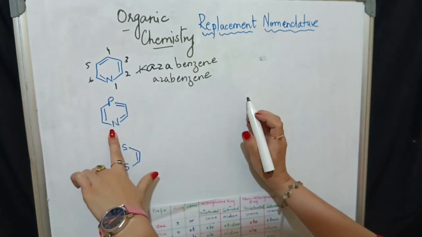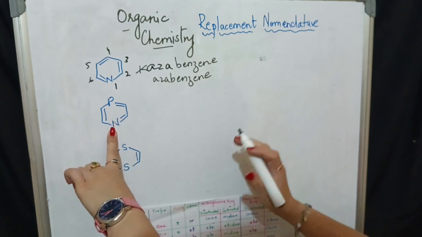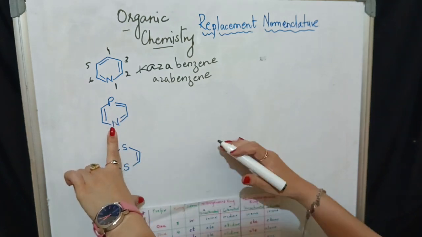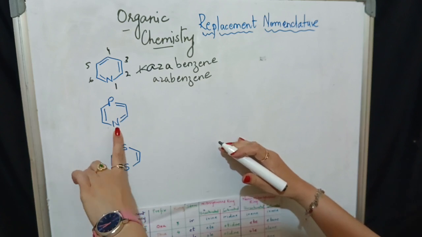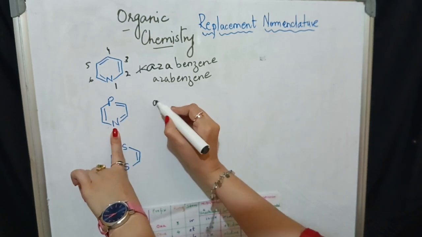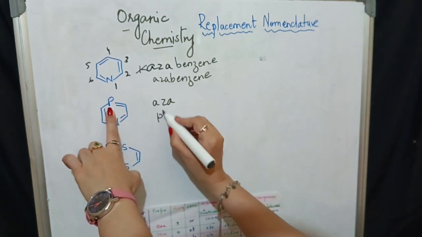Let us see the second one. There is phosphorus and nitrogen present. When we see the priority table, nitrogen comes first and phosphorus comes second. So N means aza, P means phosphor.